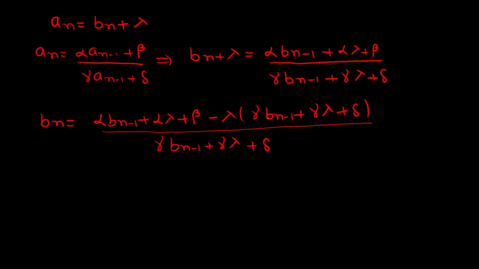Now what we'll do is, we'll segregate b_(n-1) terms to one side and the constants to the other side.